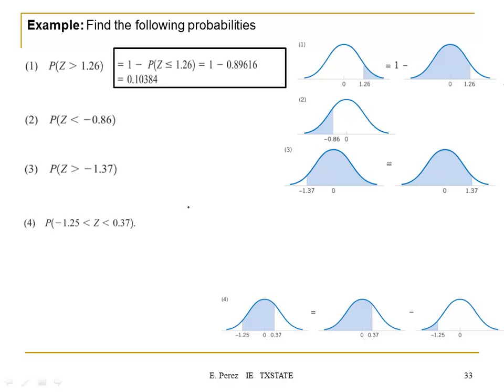So you find this probability, and then find 1 minus that probability, and you get the right probability. You have to be careful with this. And that's why I'm going through these examples. Because again, the table is giving you the area to the left. But in this case, I'm asking for the area to the right. So if I'm asking for the area to the right, greater or equal, you need to look at the complement.